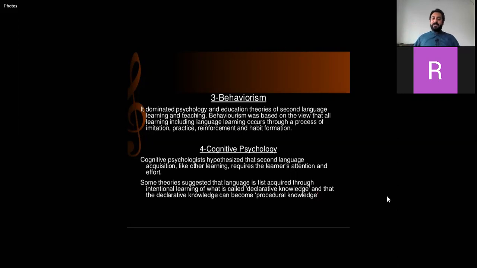Some theories suggested that language was first acquired through intentional learning of what is called declarative knowledge. Intentional learning is called declarative knowledge, and with the passage of time, declarative knowledge can become procedural knowledge.